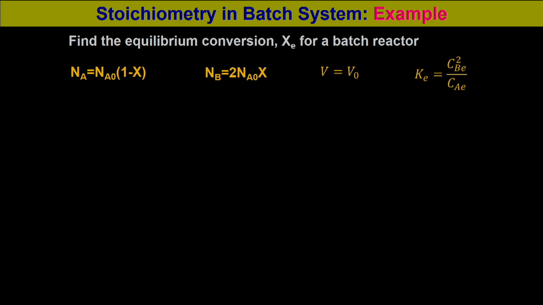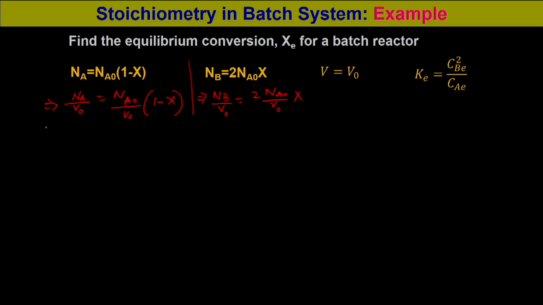So if we just divide by V naught, Nb by V naught would be twice Na naught by V naught into x.